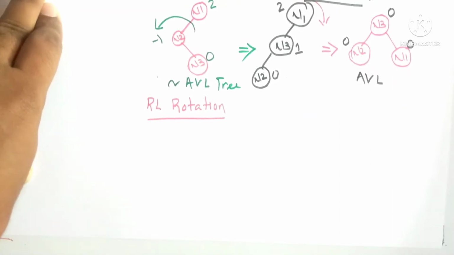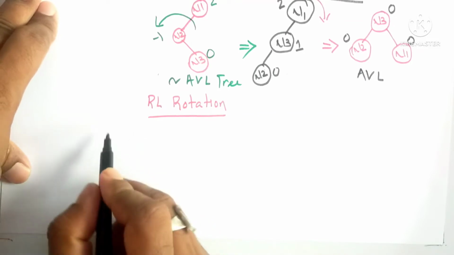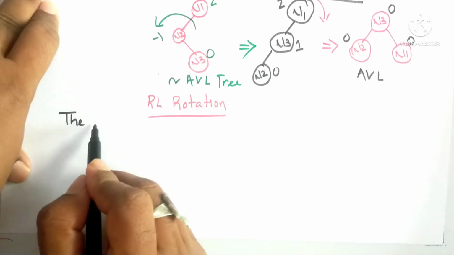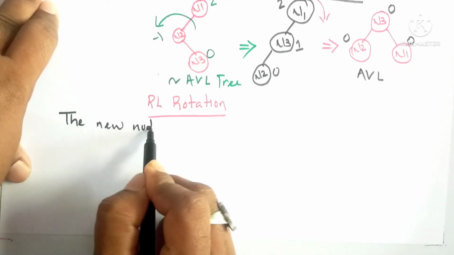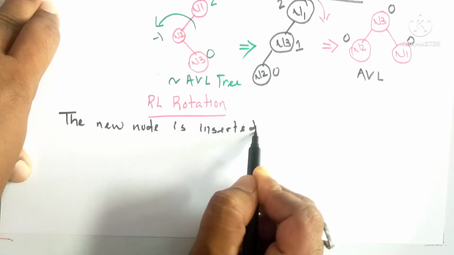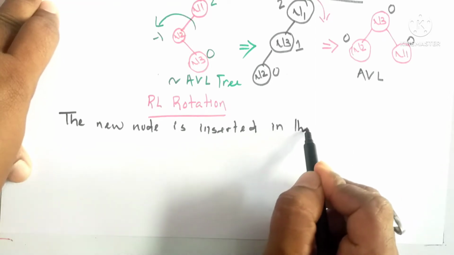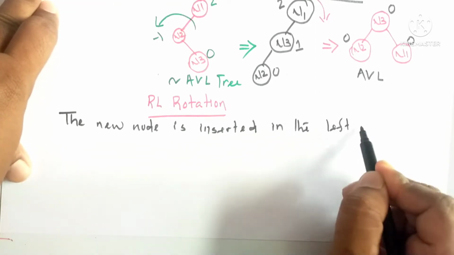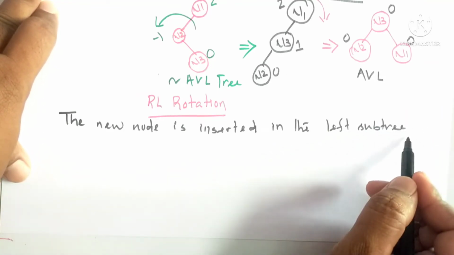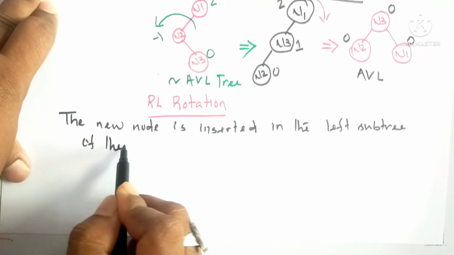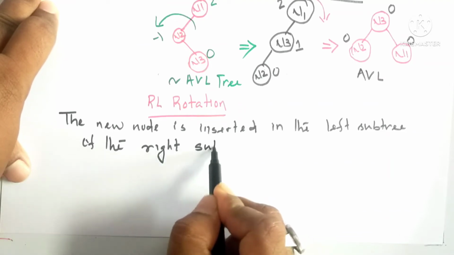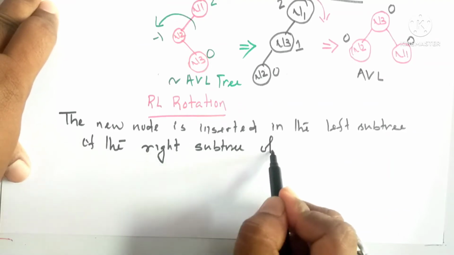The new node is inserted in the left subtree of the right subtree of the critical node, just the reverse of the LR rotation.